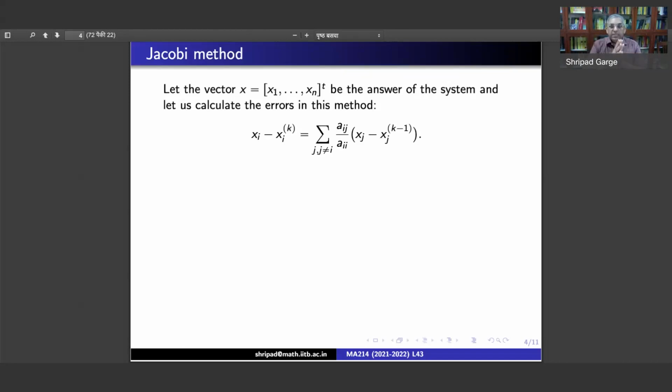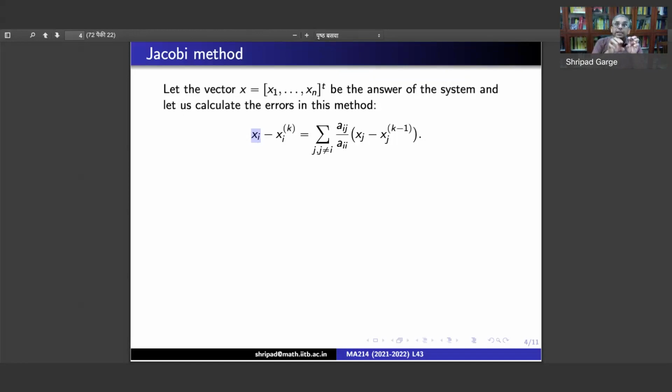Let me explain this once again. The xi with all the other xj's of the correct solution will satisfy the ith equation. So you will have that this xi is bi minus the summation of aij xj upon aii, where j is different from i.